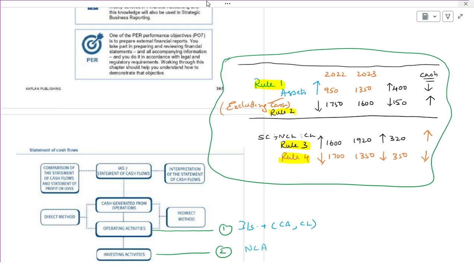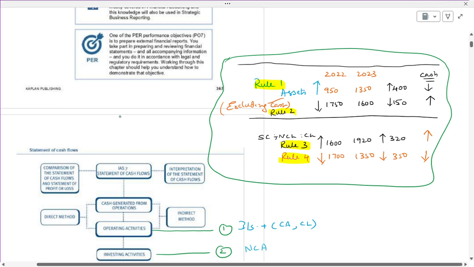If cash increased, add. If cash decreased, less. We should know how each account has to be worked out. Fine, that much only. They are talking about IAS 7.